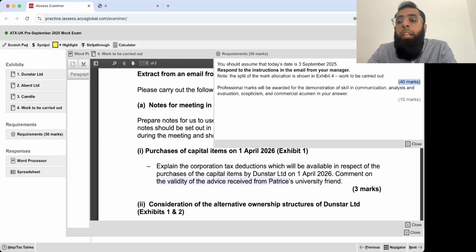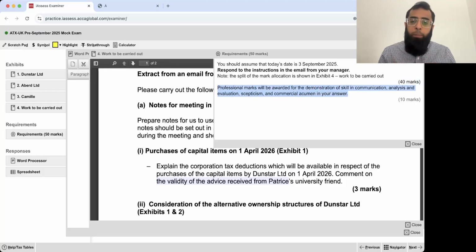And then there are 10 professional skill marks for communication, where you make a format for the notes for the meeting, the headings and subheadings you give, the clarity in your communication, analysis, in-depth analysis of the tax rules, evaluation, either side review, favor, against, skepticism, challenging, like you will be challenging the Patrice friend's advice, commercial acumen, business insight, practical insight, not just sticking to the theoretical rules.